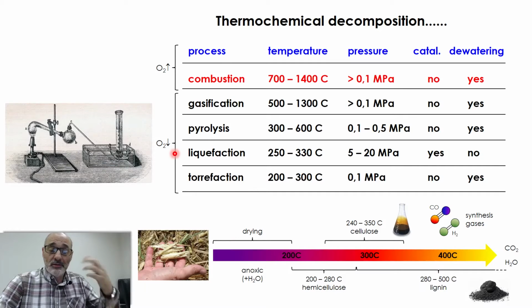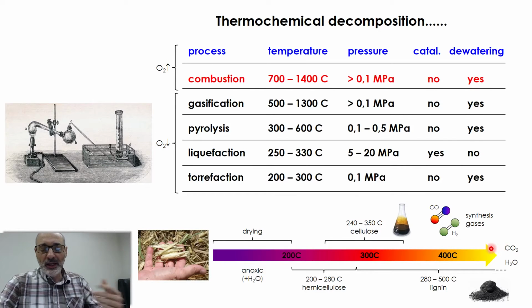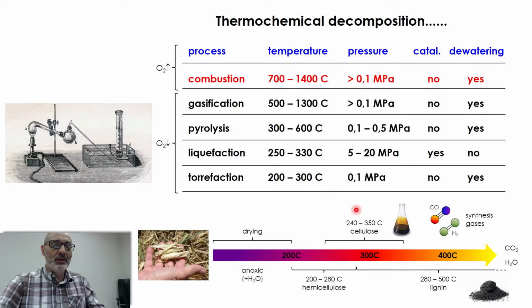Since you don't have oxygen, you don't have this very energy-intensive reaction that is combustion, and you have these small parts being formed. If you heat enough, you end up with CO2 and H2O. So this is anoxic thermochemical decomposition.